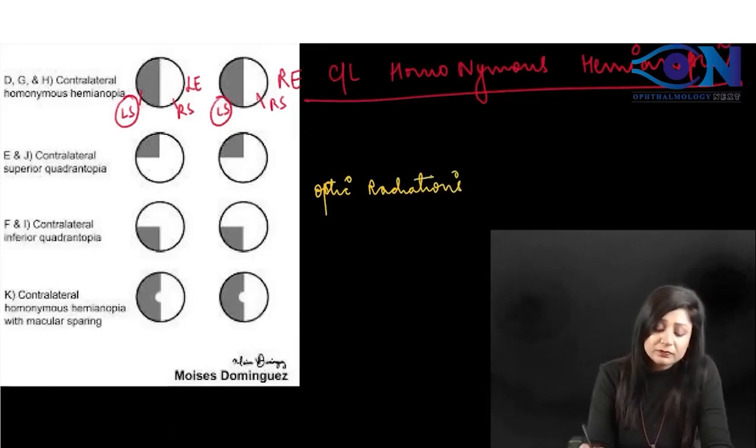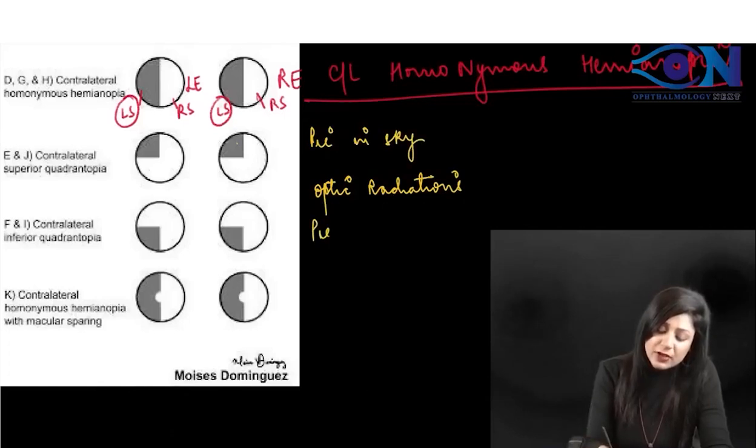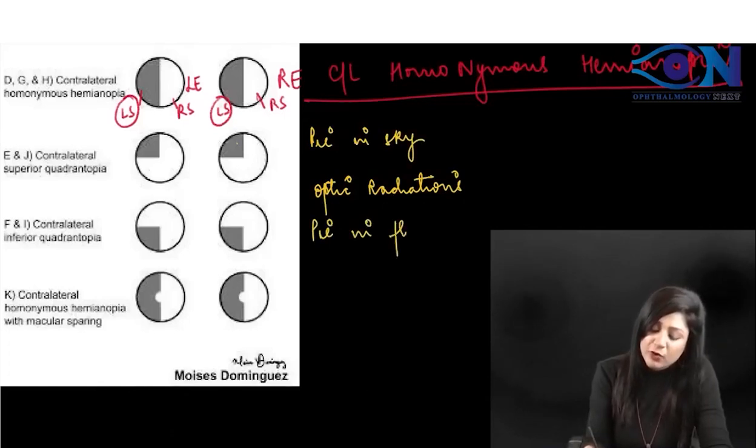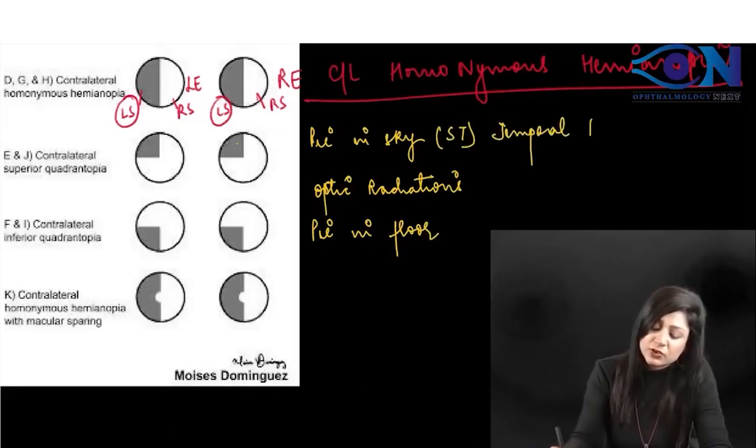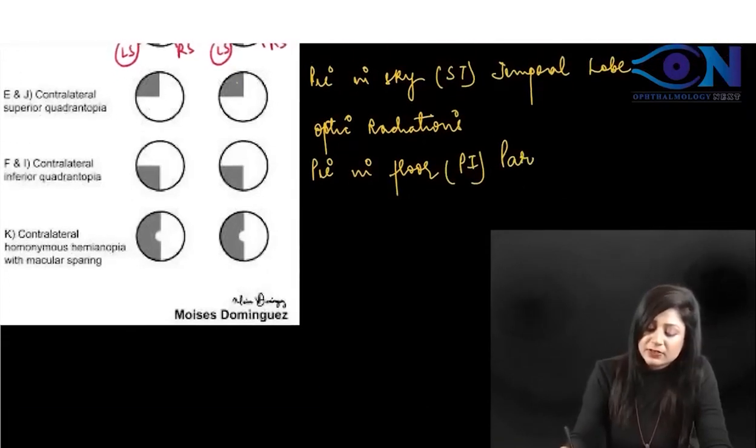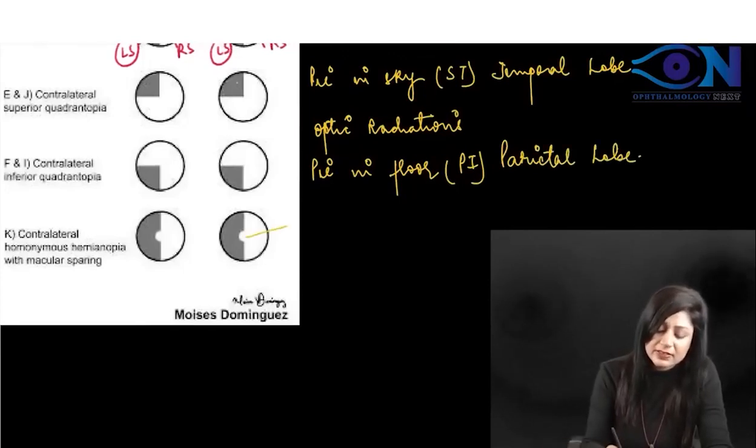One is the pie in the sky, and the other is the pie in the floor. We have already talked about pie in the sky is ST, so this will be in the temporal lobe lesion, and pie in the floor is PI, so this is found in the parietal lobe lesion. And here, the central area is spared.